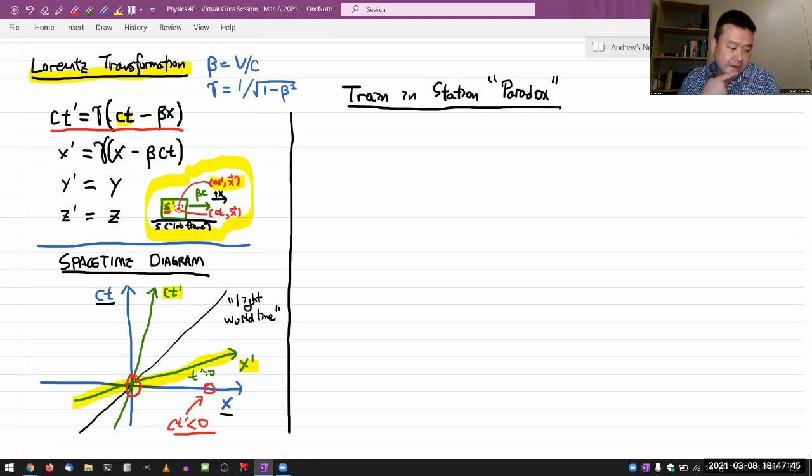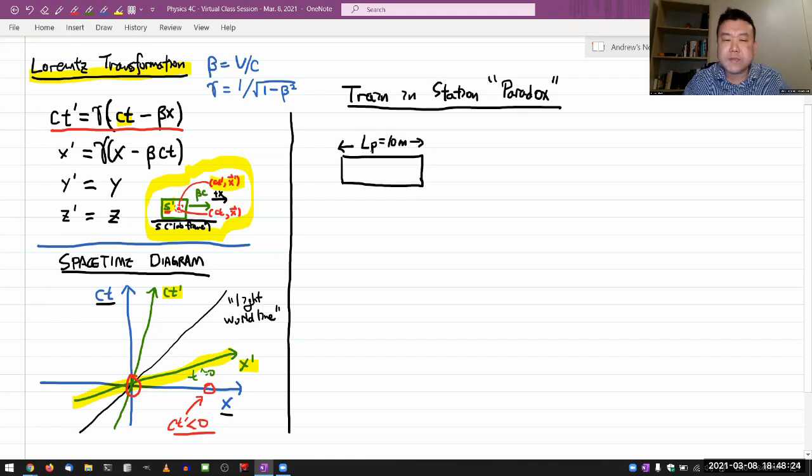I guess I can state this particular paradox in this way. Let me give some concrete lengths so that we are not dealing with the abstract. So let's say we have a train of length, let's make the length easy for me, I'm going to say it has a length of 10 meters.